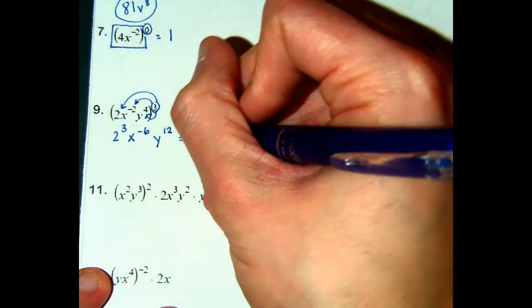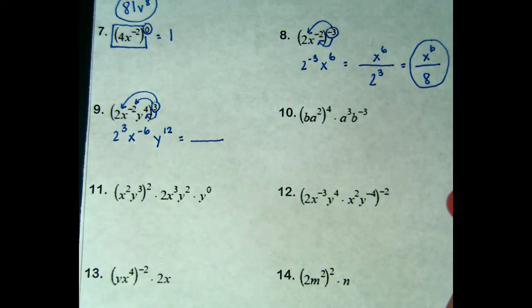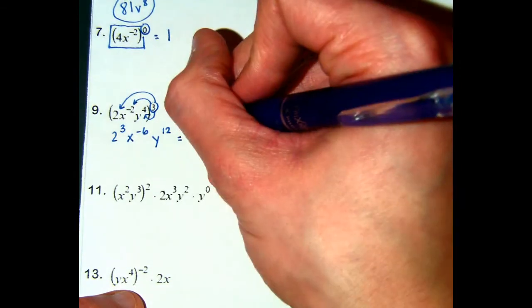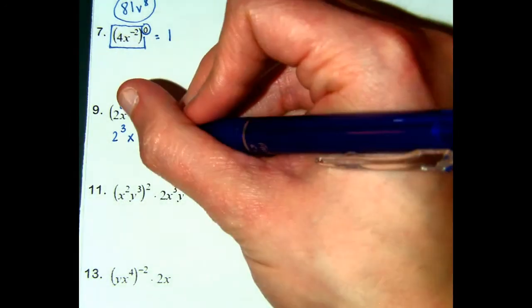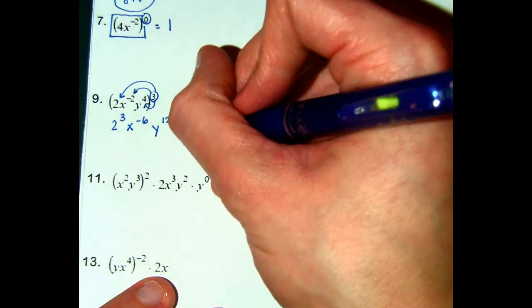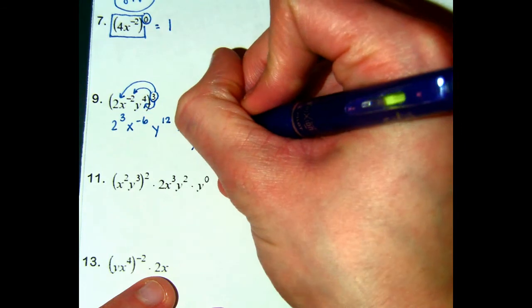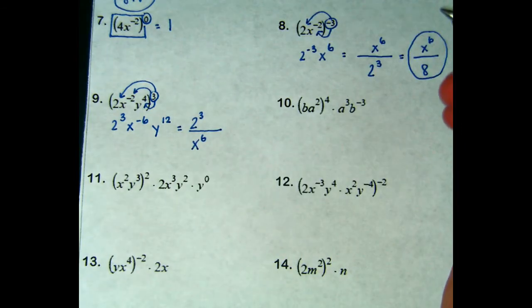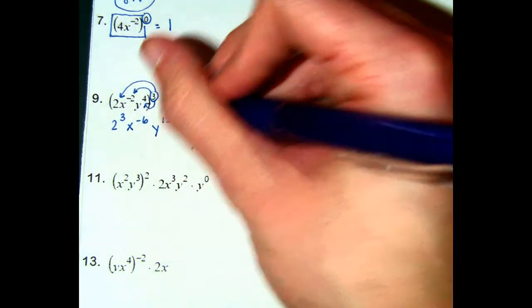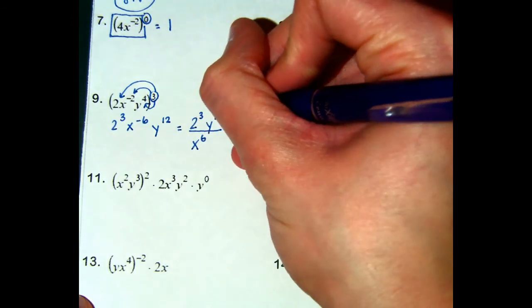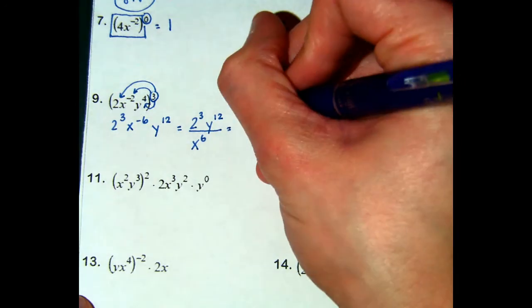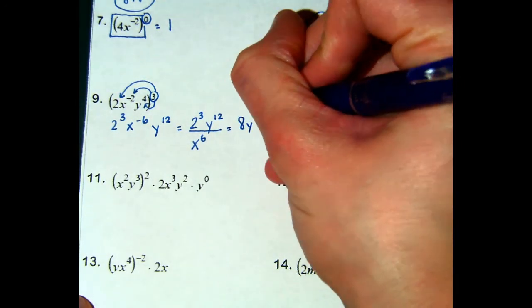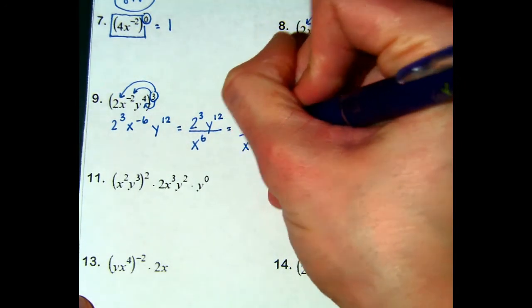We've looked at every piece, we've done this before, but we really have to pay attention to every single piece. 2 to the 3rd power, there is no negative there, stays in the numerator. X to the negative 6, 6 is negative, so it needs to change from the numerator to the denominator. And then y to the 12th is not negative. We then need to finish simplifying 2 to the 3rd, which is 8. 8y to the 12th over x to the 6th.